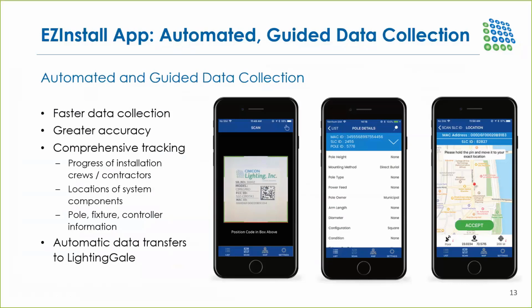It allows the crews and contractors to easily record the data, the pole fixtures, and all of the associated information at the asset. And of course, it automatically transfers all of this data directly back to the cloud.